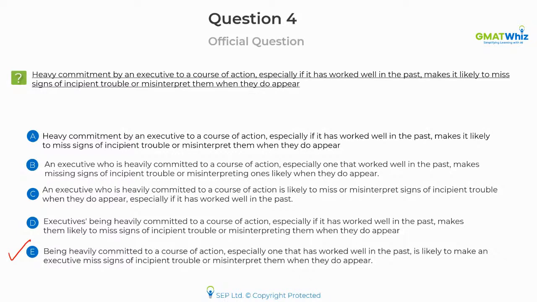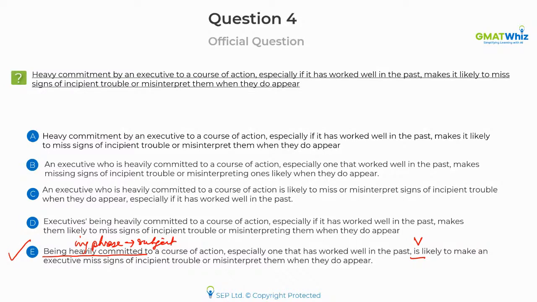If you notice, "being heavily committed" is an ing phrase. However, this ing phrase is acting as the subject of the sentence. So, being heavily committed is likely to make an executive miss signs.